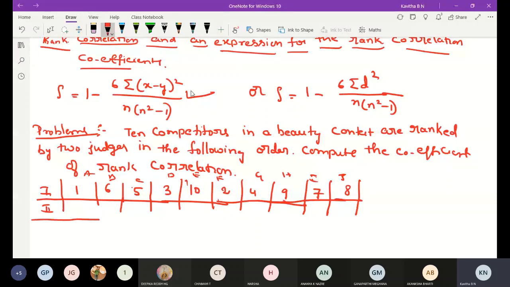And the second judge has also given ranks to the 10 competitors.